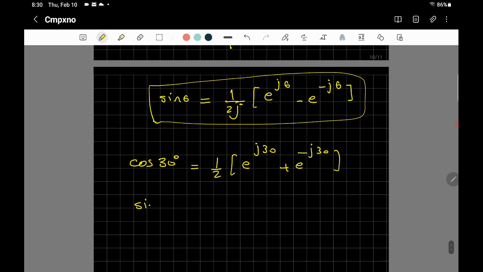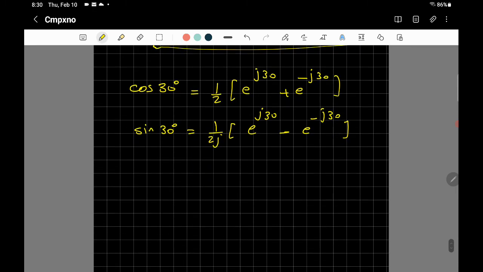What about sine 30? That will be equal to 1 over 2j times e to the j 30 minus e to the minus j 30. So that's how you express the cosine and sine.